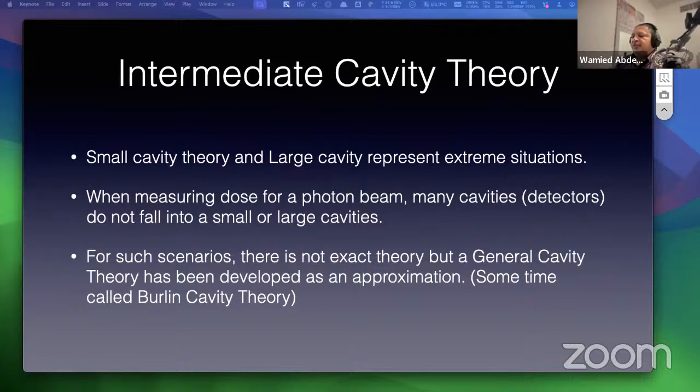The photon beam does not see the cavity. It's not going to interact in the cavity. And the dose deposited in the cavity will be due to the electrons produced from the surrounding.